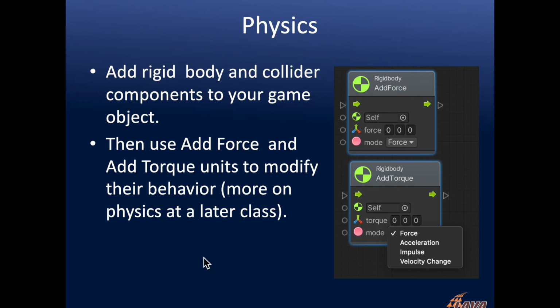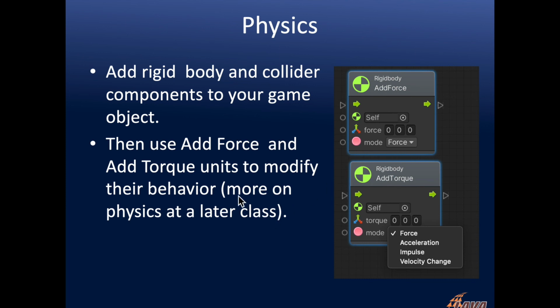And then if you want to move an object based on physics, Unity has a rigid body add force node, which basically means push something, add a force, nudge that object along. And the force you can specify in X, Y, and Z as well. So, you can basically apply a force in any direction that you want. It also has settings for the type of force that you want to apply.